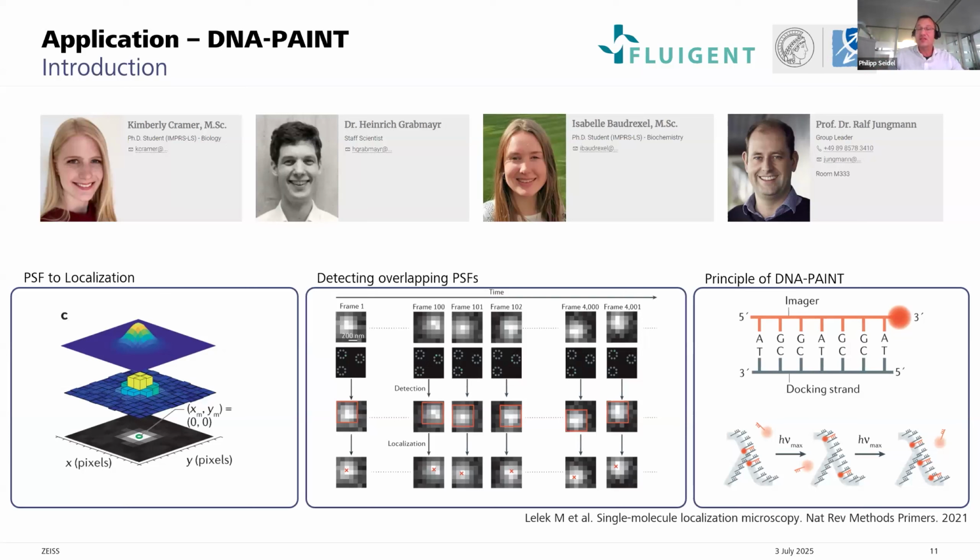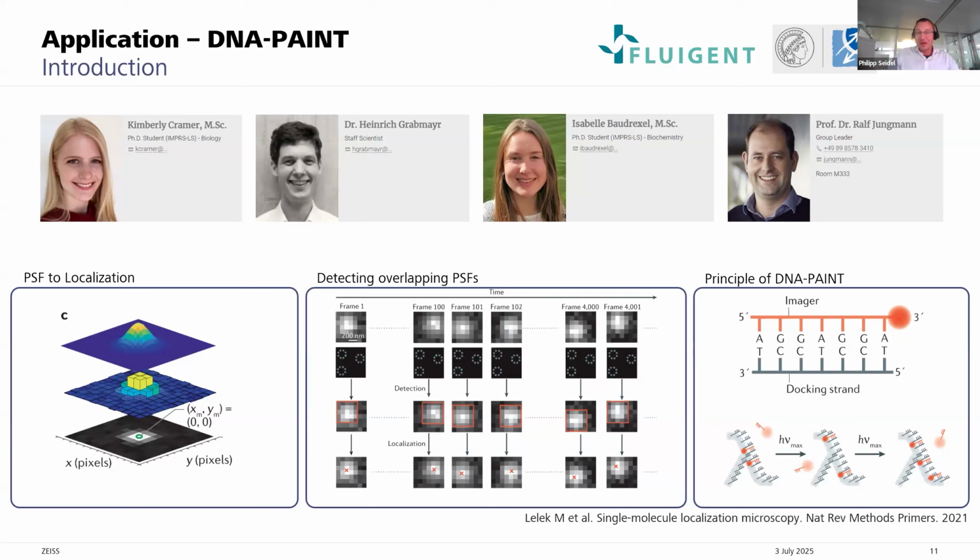You can do the blinking with different chemicals. In DNA-PAINT, you use the features of oligonucleotides that, based on complementary sequence, can bind each other, but do so reversibly. So they bind, they go off, they bind, they go off with a certain kinetic. And that's perfect for single molecule localization microscopy.